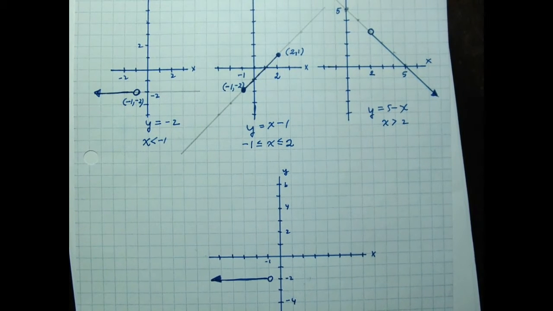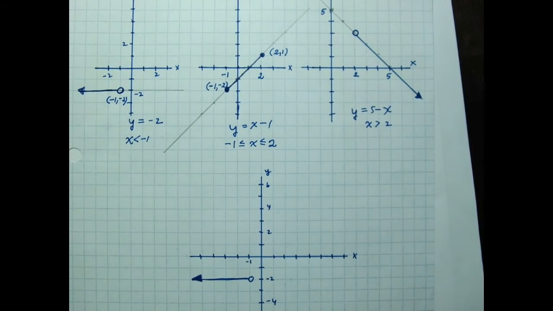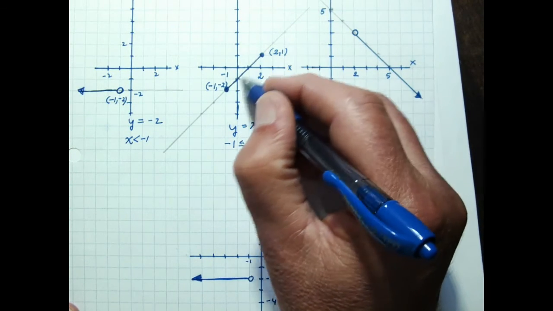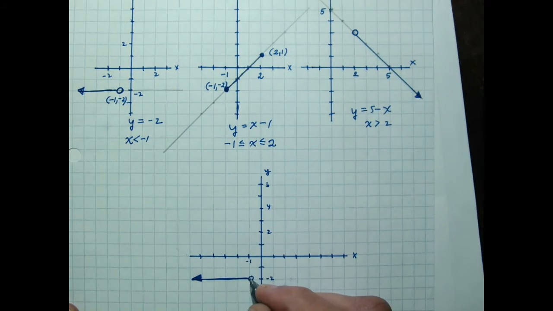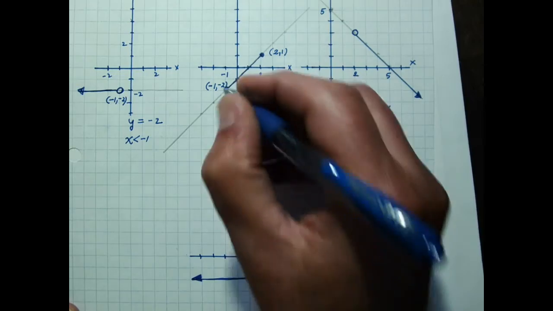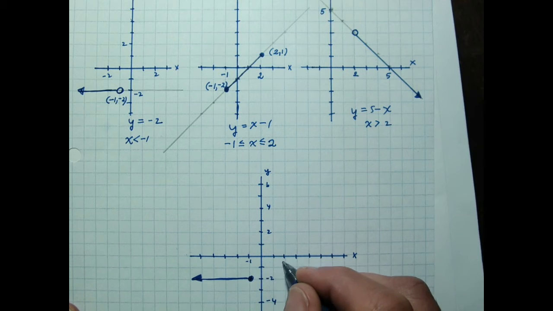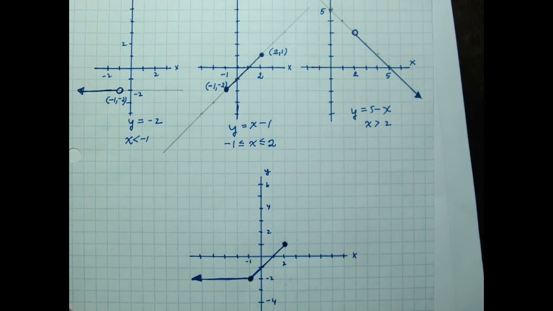Okay, that's the piece of the horizontal line that I use. Then I'm going to take this stretch of the x minus 1 line, and notice I now have to fill in -1, -2, because that is a point on my graph. I'm going to go right up to the point 2, 1 and color in this point on the graph.